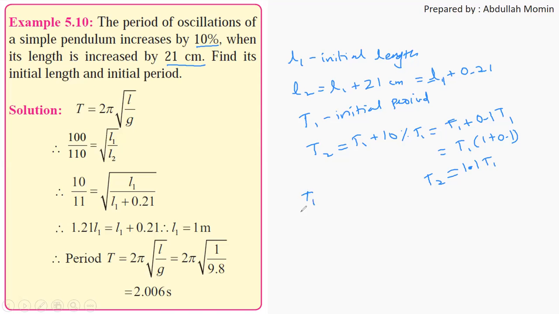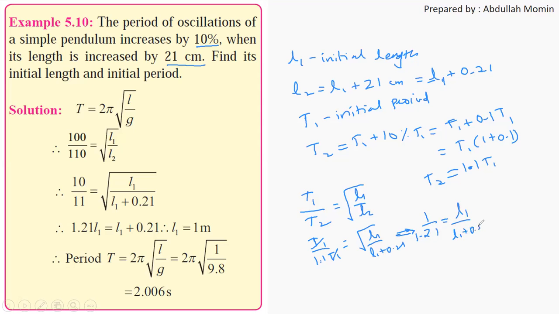So T1 upon T2 is equal to root L1 upon L2. If T2 is 1.1 T1, then we can write root of L1 upon L1 plus 0.21. So this T1 gets cancelled; squaring on both sides, we get 1.21 as L1 plus 0.21 upon L1. Cross multiply it.